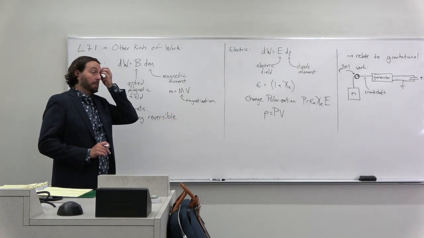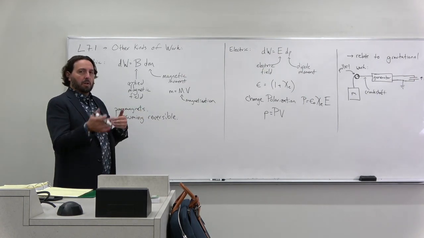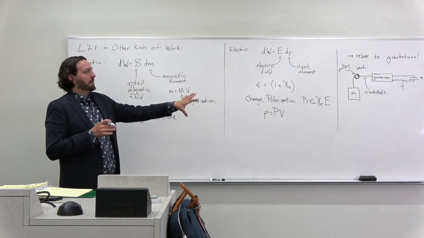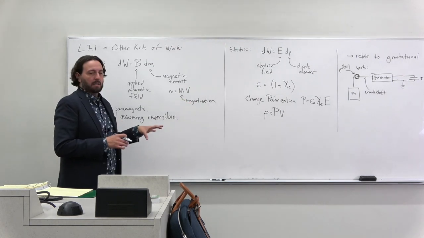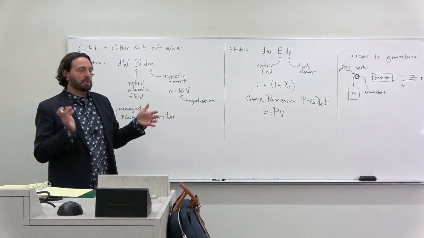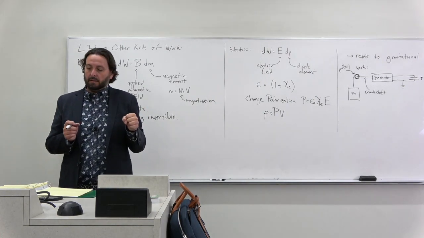I could pull up the mass. So it's like charging and discharging a battery, charging and discharging a magnetic moment, or a change in polarization. Okay? So all of the forms of configurational work should be interchangeable. So that's the key concept there.